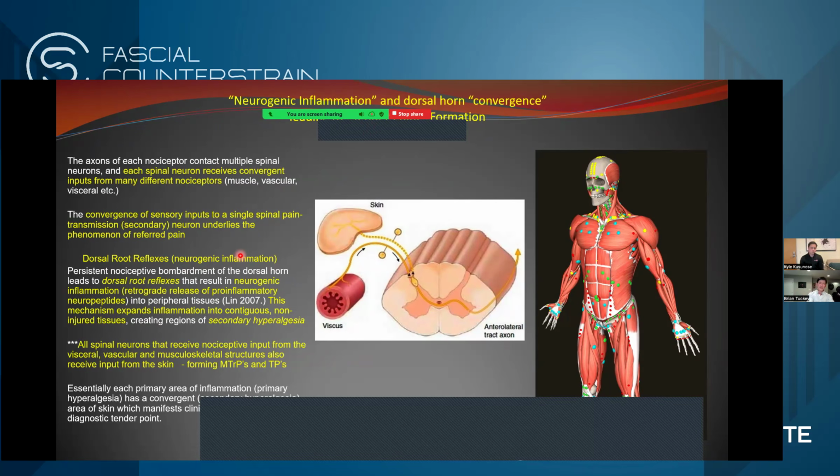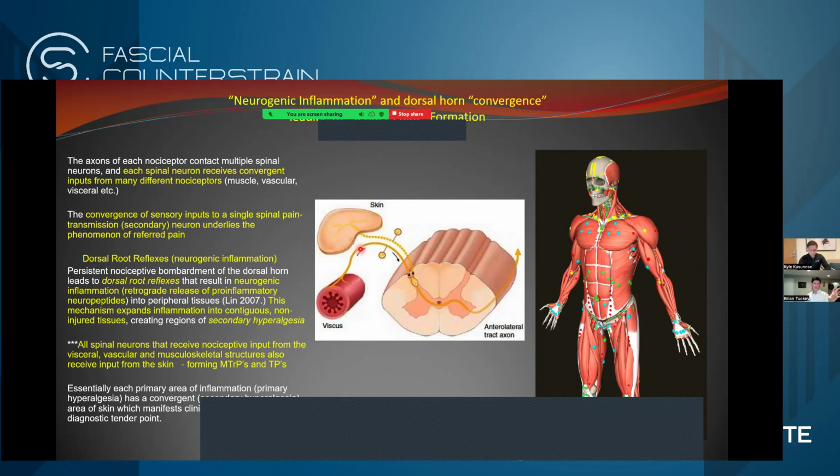When a structure is inflamed, in this case around a vessel, or we could say it's an organ like an intestine, that nociceptive signal goes in to the area of the dorsal horn. Inflammation in that area goes back out neurogenic retrograde to all the other sensory neurons that meet at that same place.